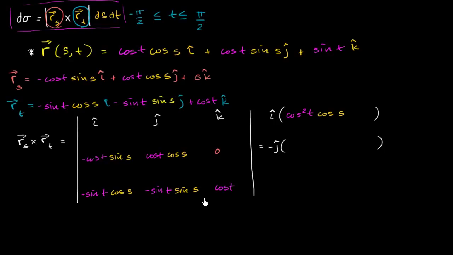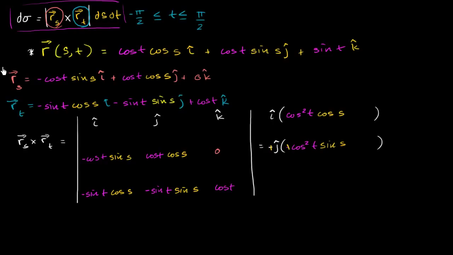Well, that's going to be negative cosine squared of t times sine of s. Let me make sure I'm doing that right. Ignore that and that. It's going to be that times that. So, yep. Negative cosine squared t sine of s, minus 0 times that. And so that's just going to be 0, so we can ignore it. You have a negative times a negative here, so they can both become a positive.